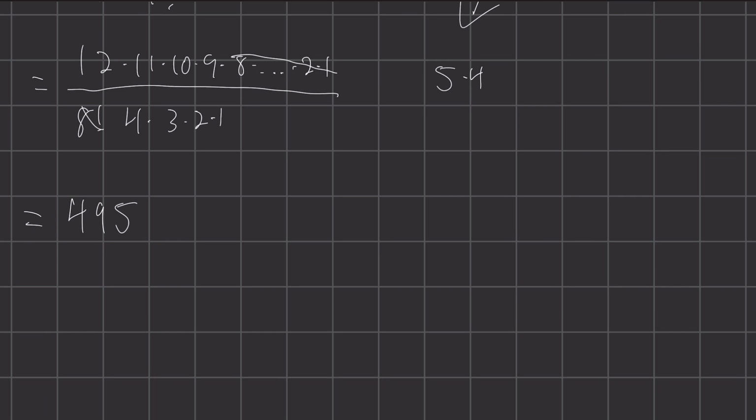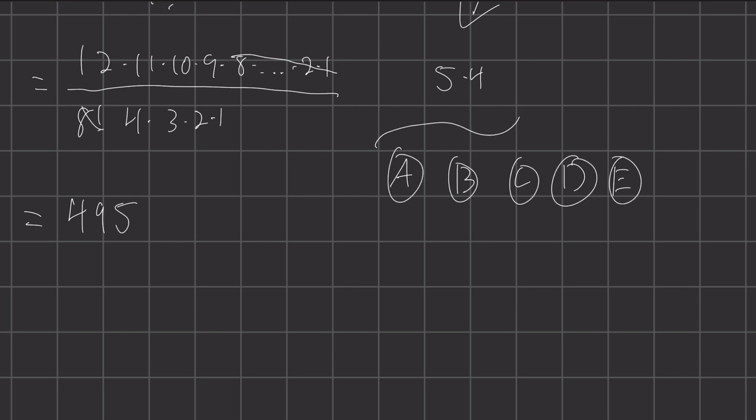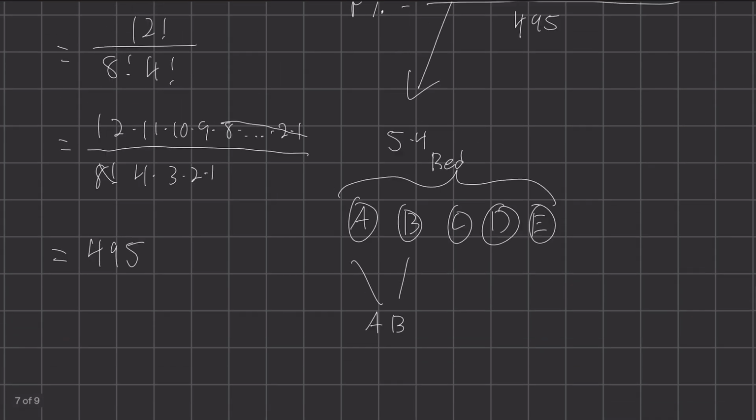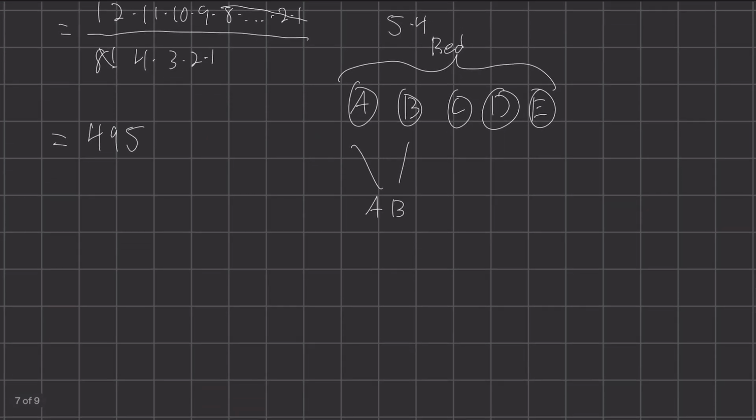To help you visualize, let's say these are all red marbles: A, B, C, D, and E. We're choosing two of them, and let's say we chose A and B. Our 5 times 4 is treating A, B as if it is different from B, A. But that doesn't matter to us because they're all just red.